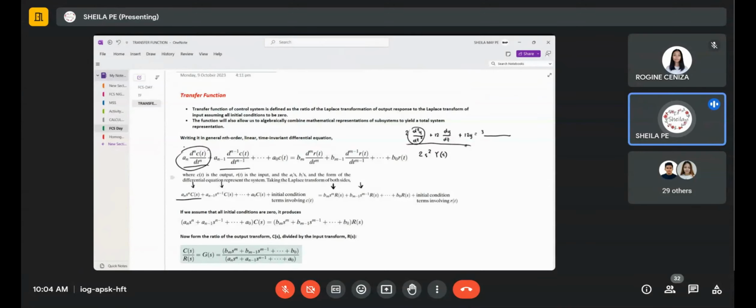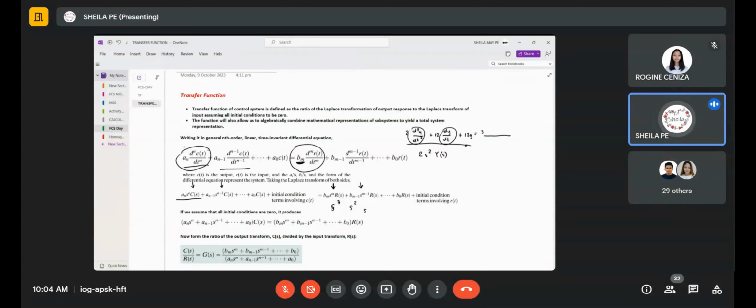The same goes with the right side of our equation. If you're given b m d m r over dt m, you retain the b m and then put s raised to the order: if it's third order, that's s cubed; if second order, s squared; if first order, just s.